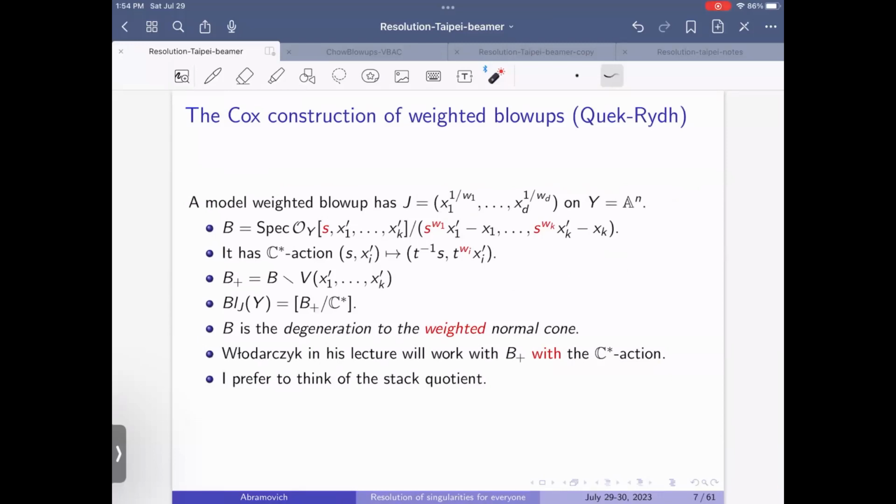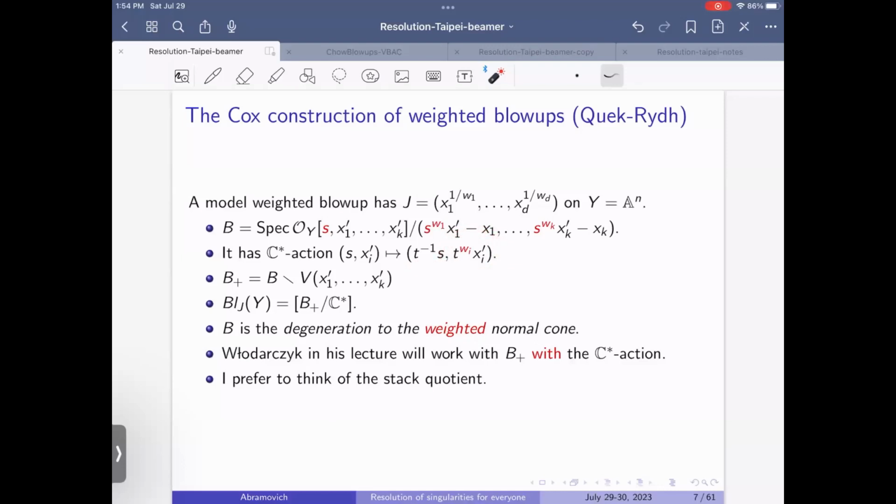The exceptional is the locus defined by S. S is the exceptional variable. So if you set S equals 0 here, what these equations say is you get rid of xi, but you have new variables xi prime with S is 0. And you have this action. So you take affine space modulo this action.